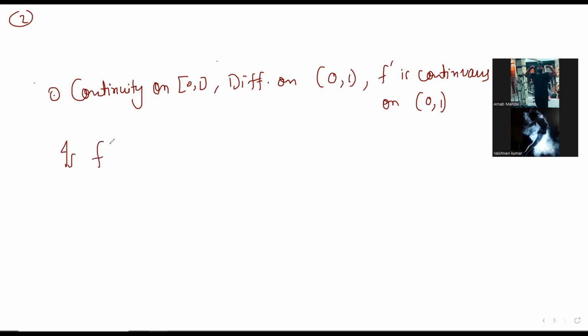Is f dash bounded? Here I'm not putting the endpoints. If I put the endpoint, then of course it's bounded because it's a continuous function on a closed interval, extreme value theorem. Here will it be bounded?